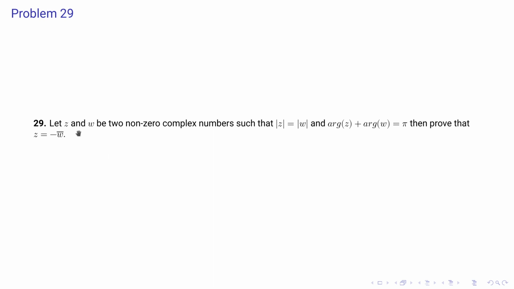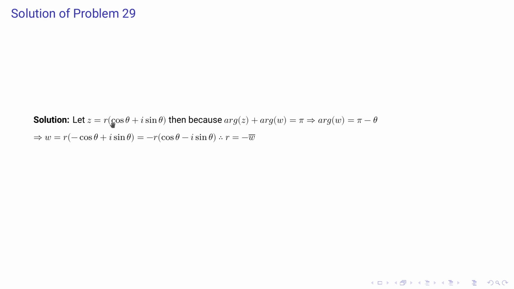Problem 29 says that if z and w are two complex numbers such that mod of z is equal to mod of w and arg of z plus arg of w is equal to pi, then prove that z is equal to minus w bar. So we let z is equal to r cos theta plus i sin theta, and we have arg z plus arg w is equal to pi. That means arg of w is equal to pi minus theta, because the argument of z here is theta.